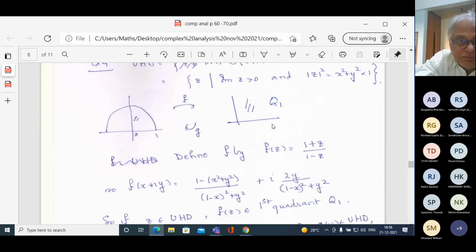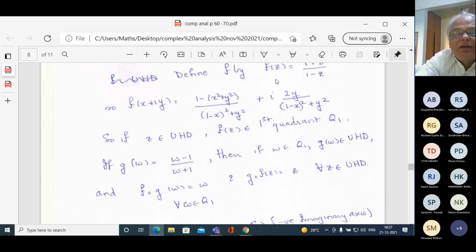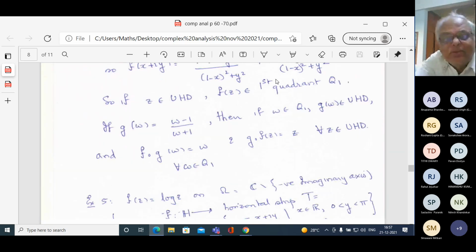So people who do hydromechanics or aerodynamics are worried about these kinds of questions. If you have any friends doing PhDs in aerodynamics or fluid flow, they're very interested in the boundary behavior of these holomorphic functions that we get. I hope you will find out something about it.